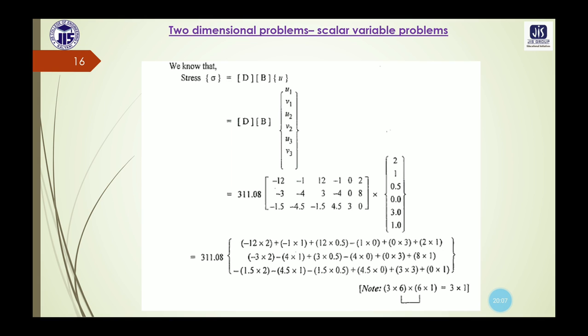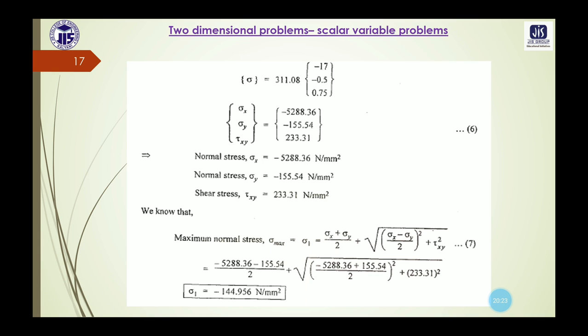So finally there is another matrix multiplication. One matrix is a 3 by 6 matrix and another is a 6 by 1 matrix. So finally the matrix multiplication will be a 3 by 1 matrix.